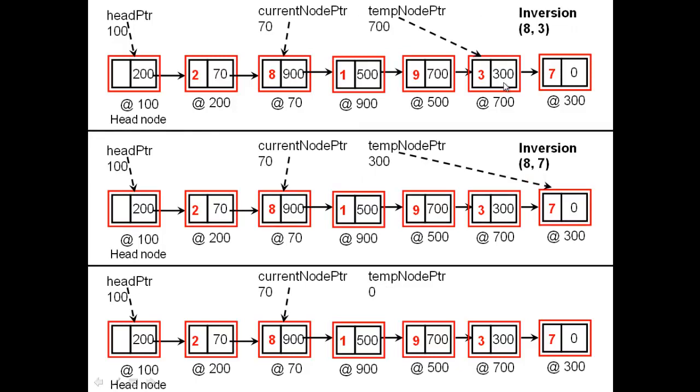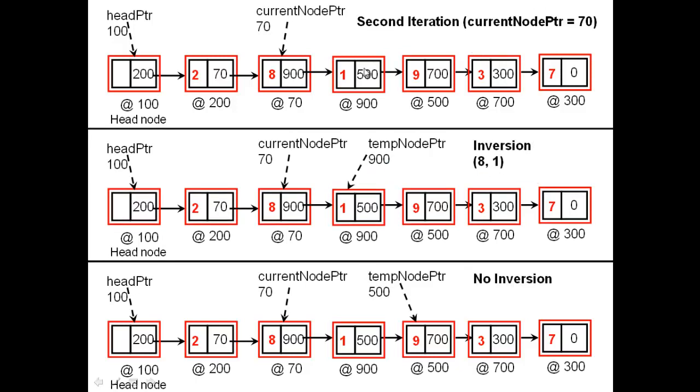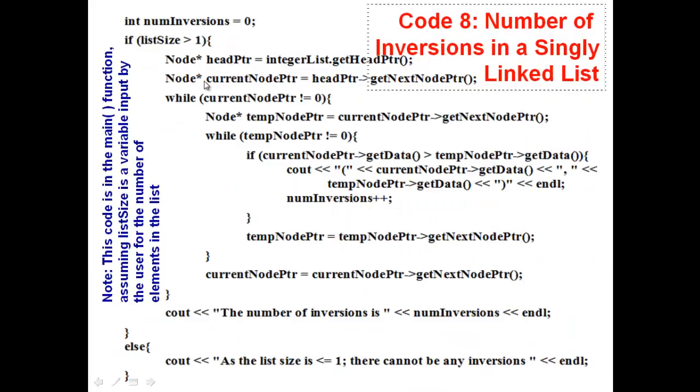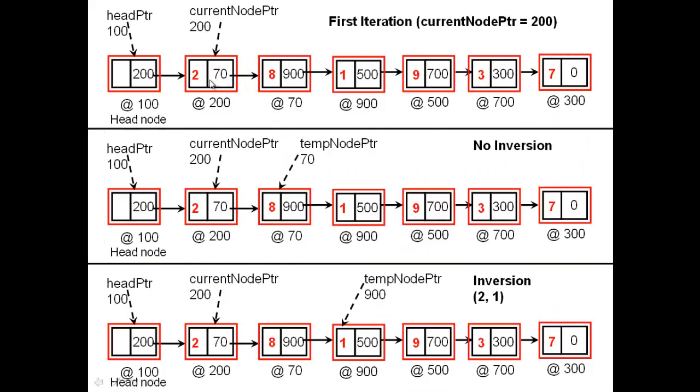And then after done, again move the current node pointer to the third data node, compare everything to its right using a temp node pointer. So you should understand that you need a nested while loop like what we just had. Okay, so with the first data node being pointed to by the current node pointer, you're comparing 2 with 8, 2 with 1, 2 with 9, 2 with 3, 2 with 7.